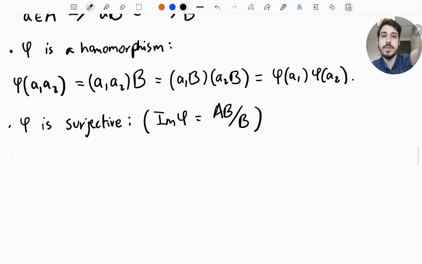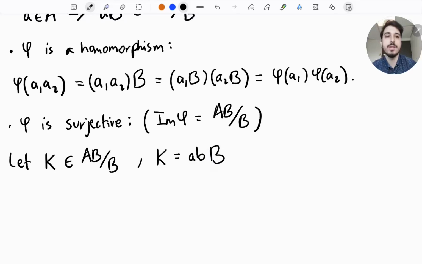Phi is surjective because if we let any element in the codomain, this is k, an element in AB/B, then k is going to be equal to some element ab in AB times the set B.